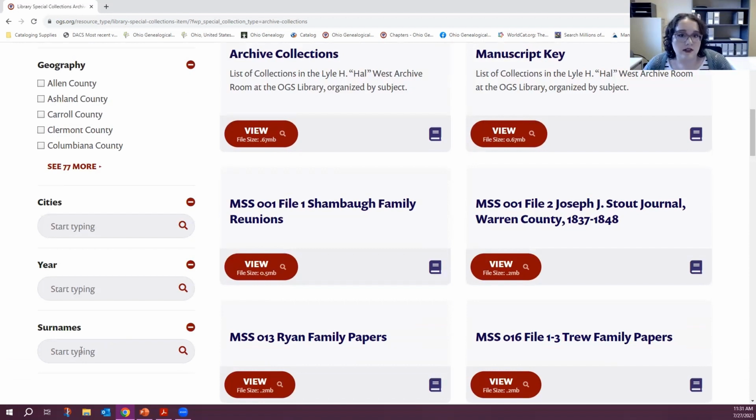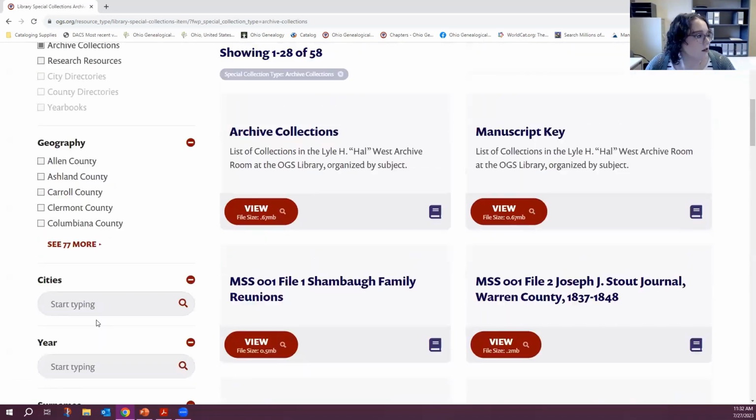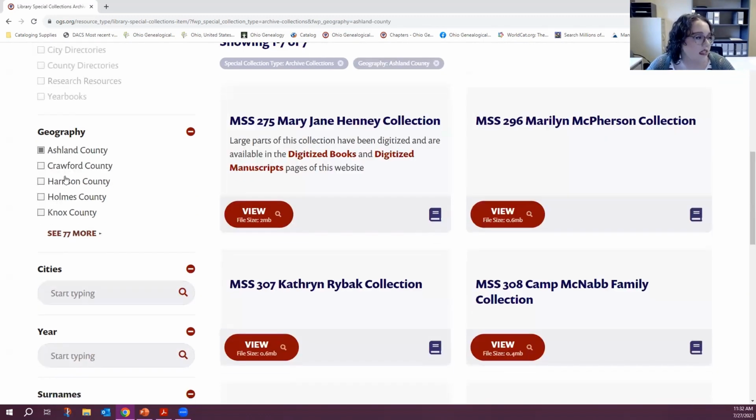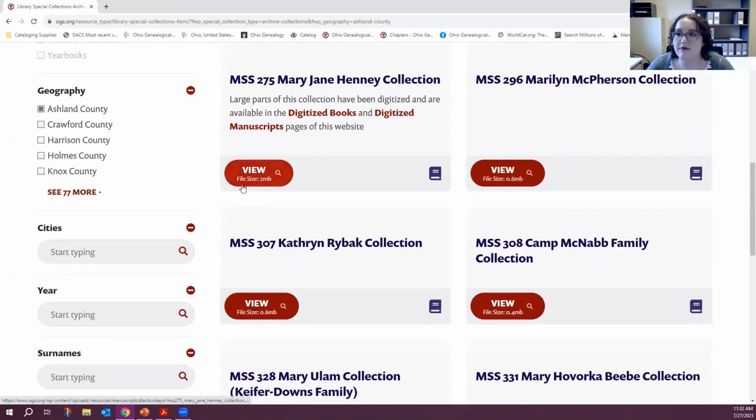So it's not exhaustive, but it is ones that we felt were significant enough to put in these filters.